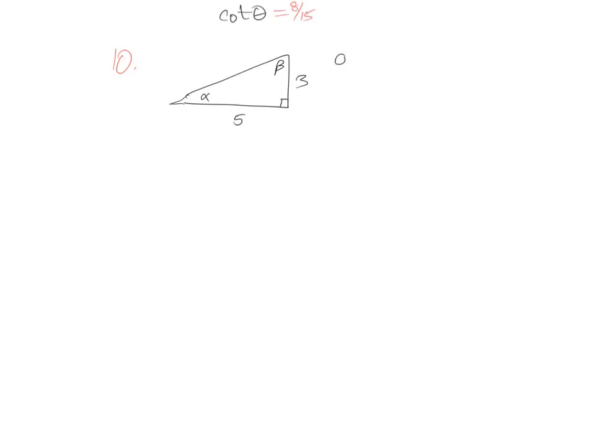So now it wants to know, A, the sine of alpha, and then also the cosine of beta. And B is the tangent of alpha and the cotangent of beta. C is the secant of alpha and the cosecant of beta.